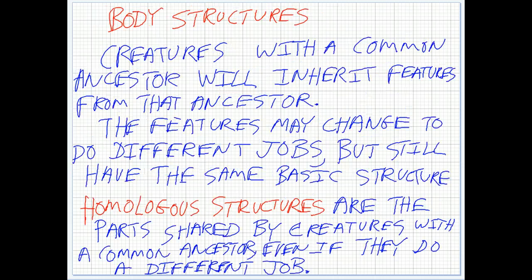Then we get to body structures, and this is a really neat area. We talk about homologous structures, and we find this in many land-walking creatures that share a common ancestor. For instance, we have a humerus, that's your funny bone or your arm bone, a radius and ulna, those are your bones of your forearm, your carpals, metacarpals, and phalanges, which make up the bones of your wrist, your hand, and your fingers.